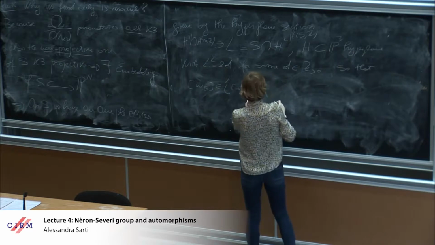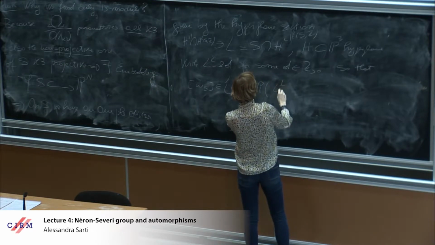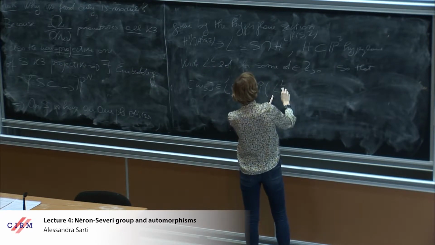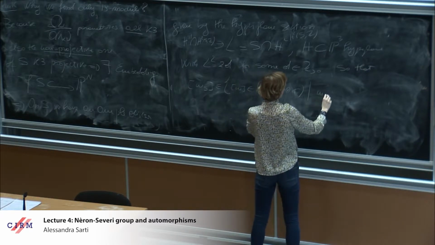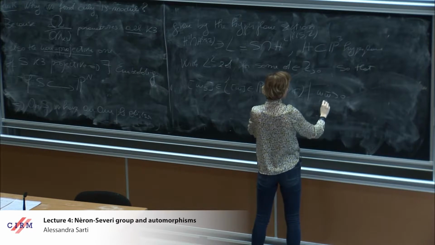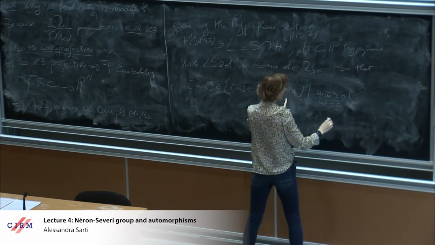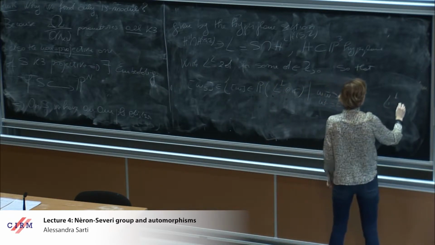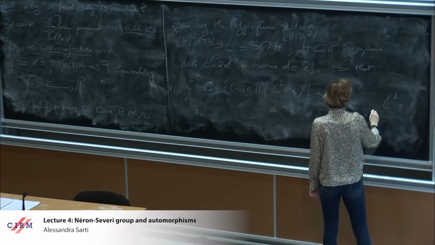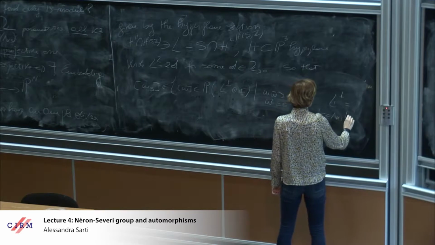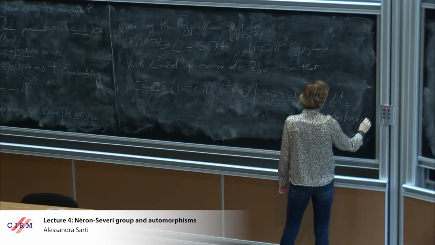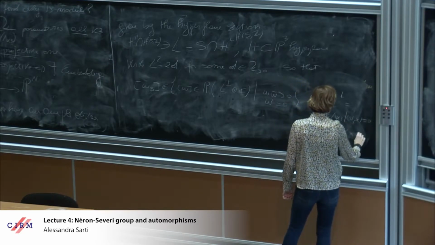So omega lives in L perp, where the perp is in the K3 lattice tensorized by C, such that omega bar is positive and omega square is equal to 0. So L perp is the orthogonal complement, the set of v in Lambda K3 such that v·x is 0 for any x in L.